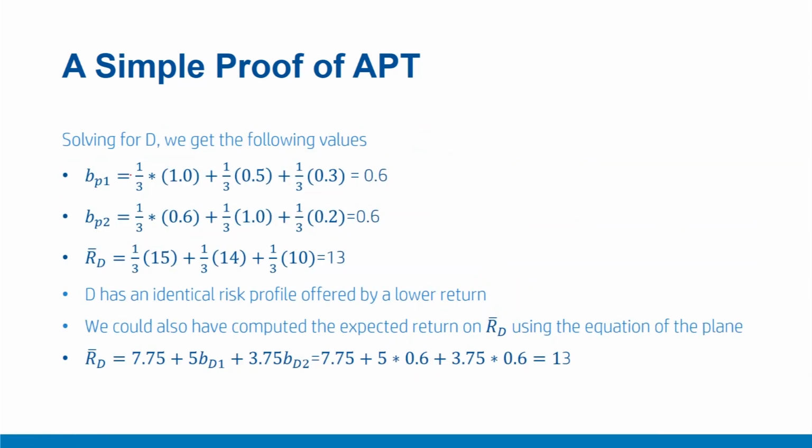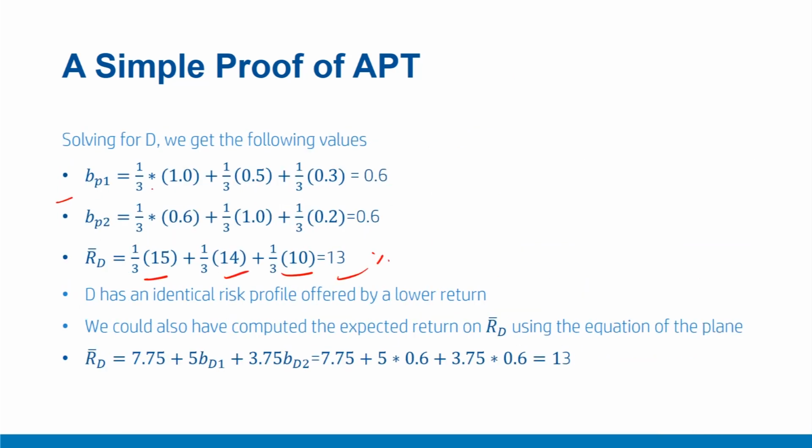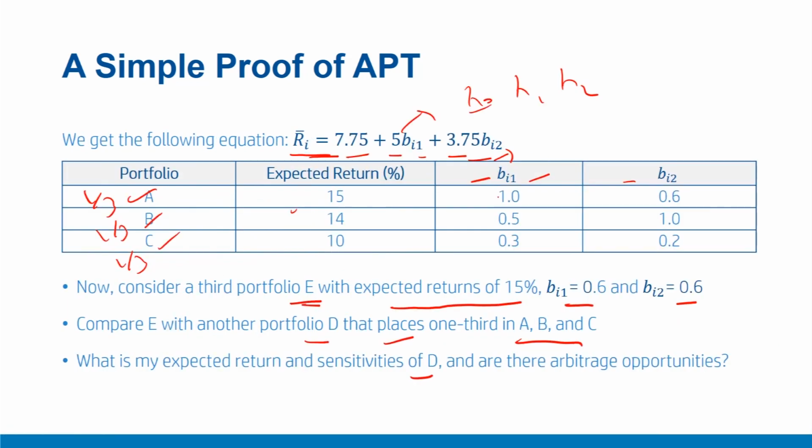Knowing that this is a 1/3 portfolio of A, B, C, we can take 1/3 of the expected returns, which is 13%, and similarly we can compute the averages of BI1 and BI2, as shown here. We can call it BP1 since it's a portfolio. BP1 is 0.6, which is nothing but a simple average of these three values.